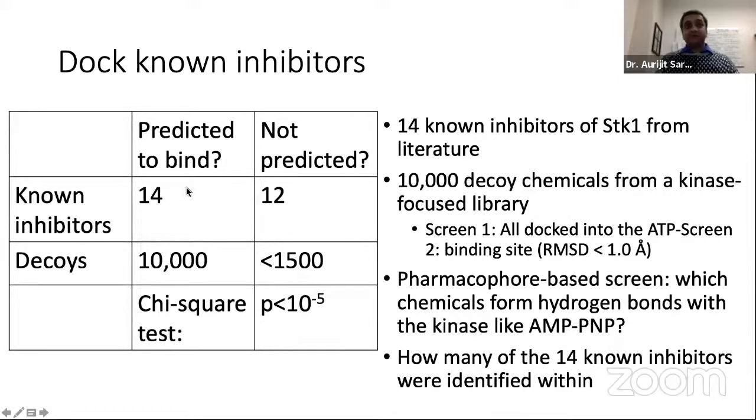How did I do that? I took 14 known inhibitors and mixed them with 10,000 decoys, which are from a kinase focused library. So they look like kinase inhibitors. I docked all of them in a two-step process.